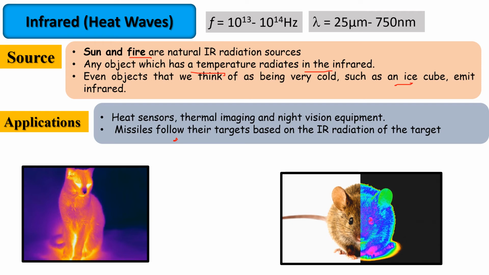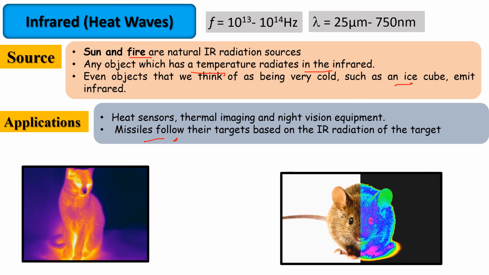Basically these are used by defense people to monitor the movements of the enemy. So whatever heat waves are coming from them, through those radiations they can make a picture of the enemy. And heat waves or infrared are also used by missiles so that they can follow their targets based on the IR radiation of the target.